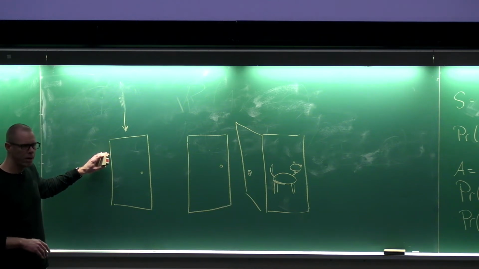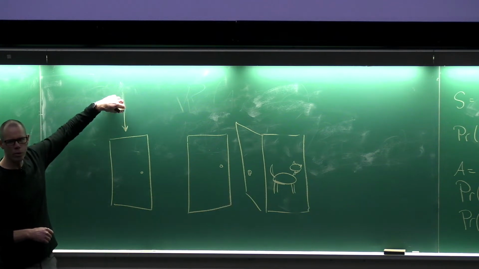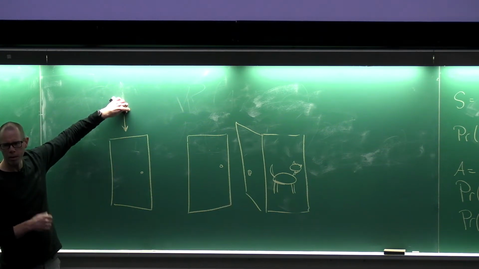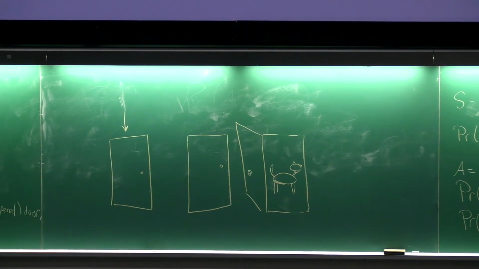But the short version of the story is you only lose if you happen to pick the car with that first random choice. And that only happens with probability 1/3. All right. Good?